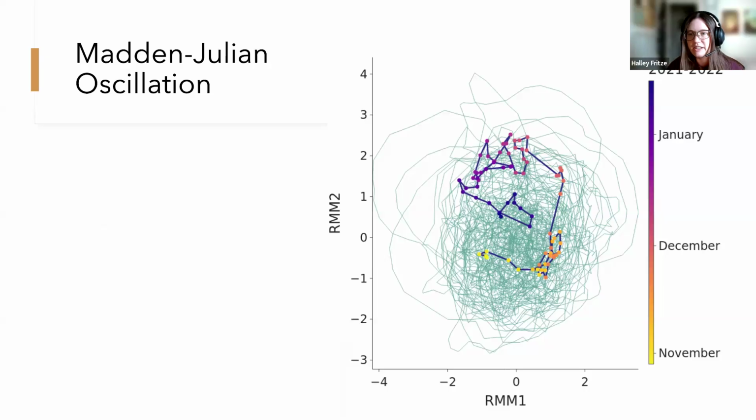So I then had to ask, okay, but how many data points in this subset of data are actually connected in time? And it's the following line that we have here. It happened to be November in 2021 up through January of 2022, which is about a 3-month period, which is equivalent to approximately 1 Madden-Julian oscillation.